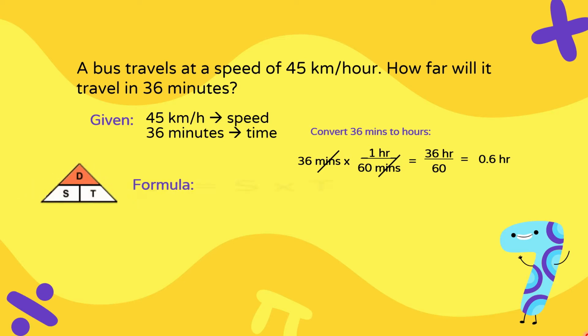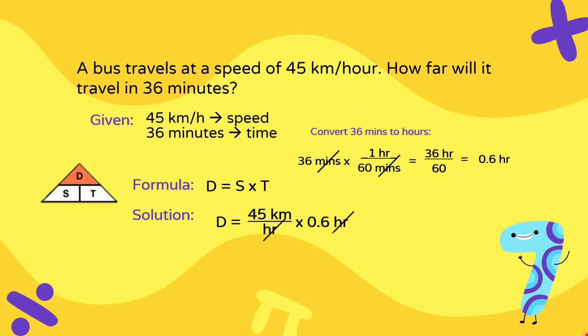Given the formula, distance is equal to speed times time, we are going to substitute the given in the formula. We have 45 km per hour times, instead of using 36 minutes, we are going to use 6/10 hour. So we have 45 km per hour times 6/10 hour.